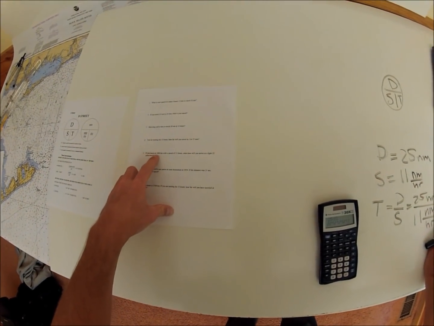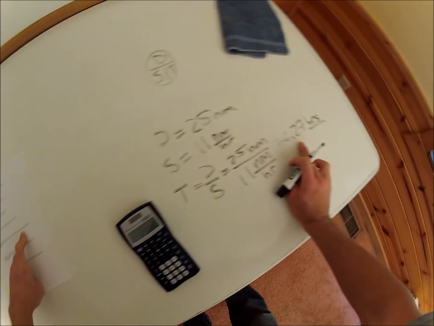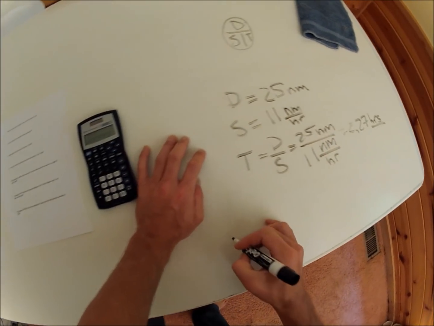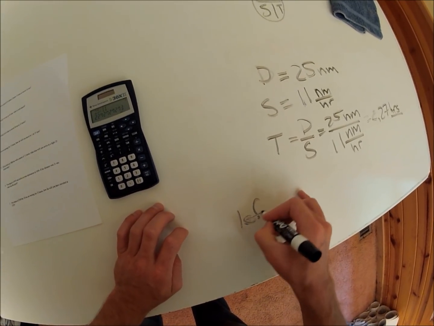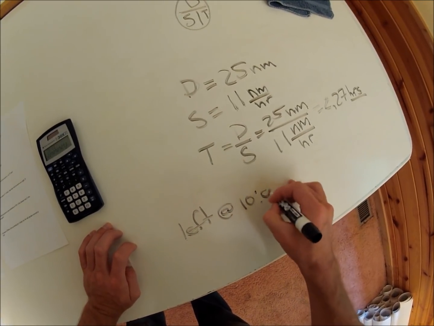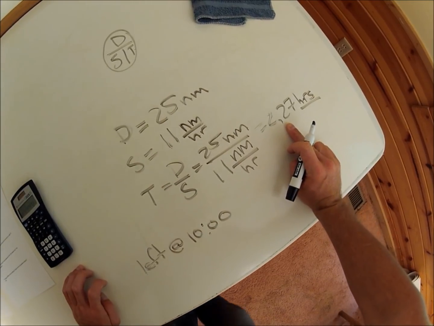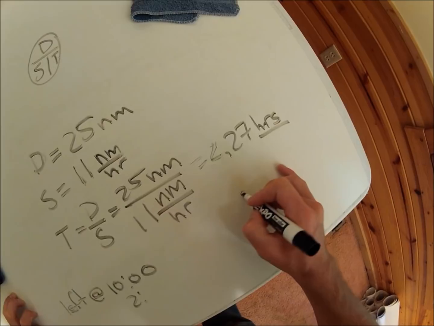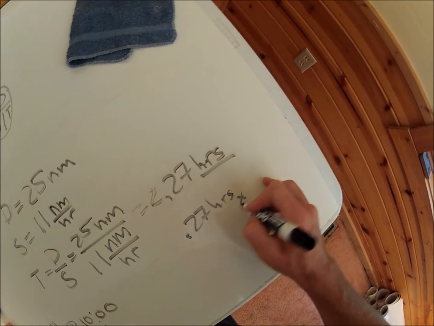It says, if you leave at 10 o'clock, what time will you arrive? So, if we left at 10 o'clock, now we need to add 2.27 hours to that, right? We can add 2 hours, but this 0.27 hours has to be converted.